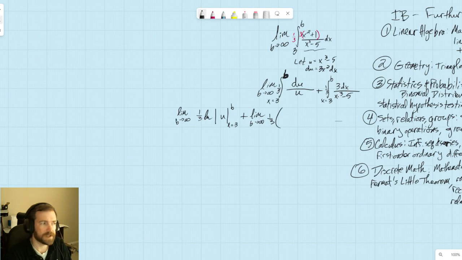So the way to do this is to say we want this x cubed minus 5 to be broken into multipliers, so factors. This is not going to break up nicely, but at the same time it's doable. So there's kind of a few ways we can do this.